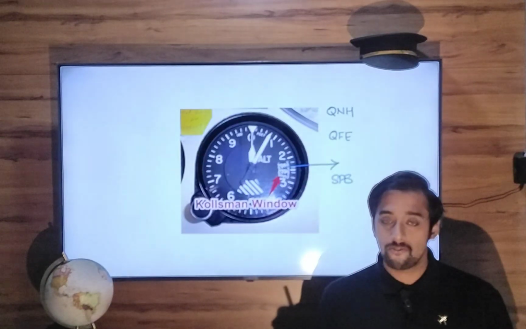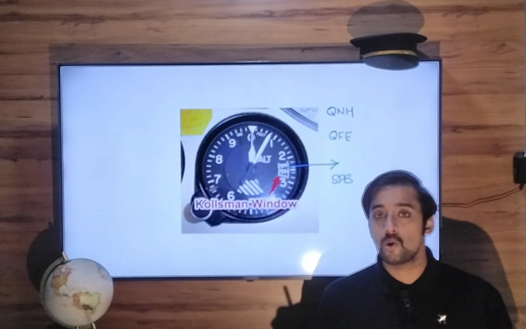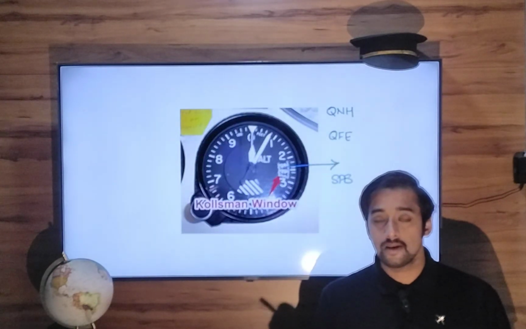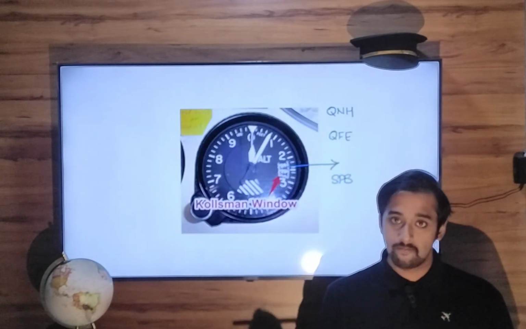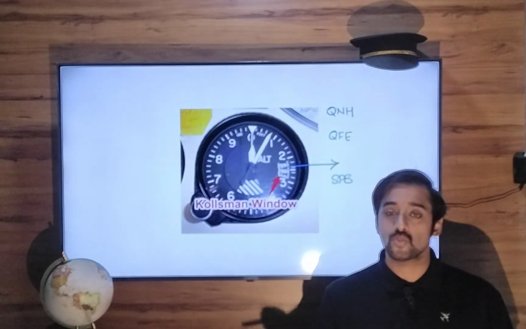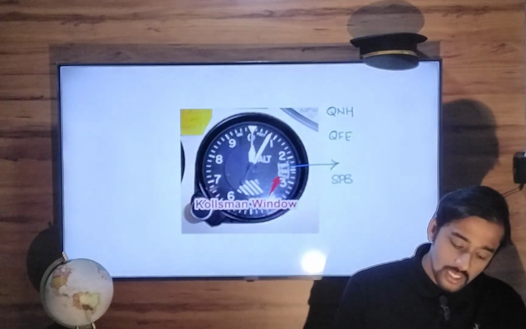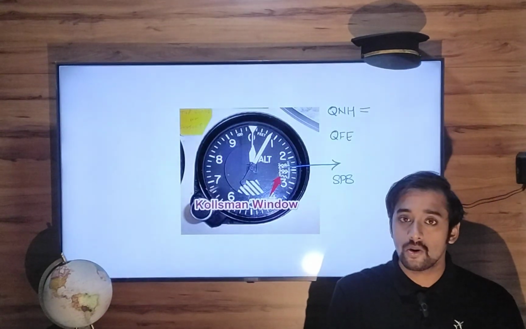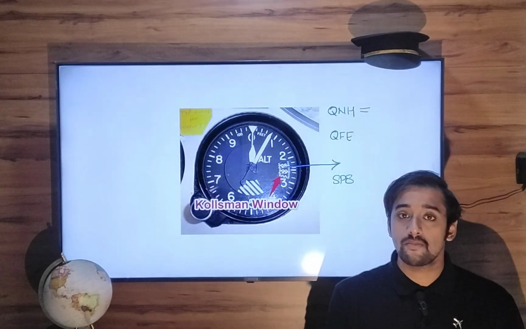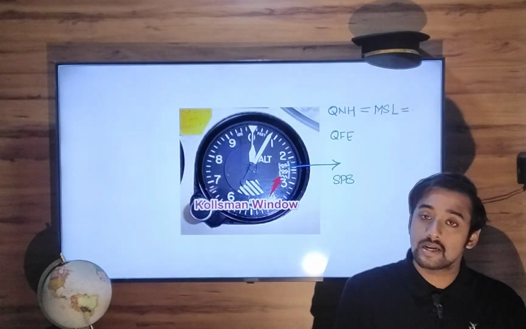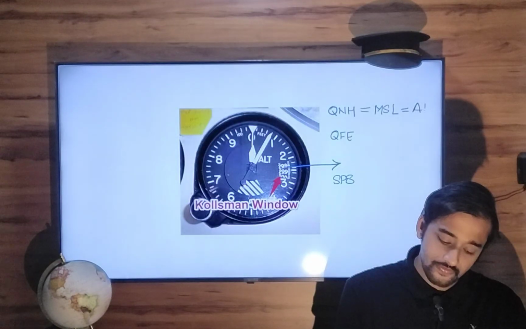Okay, and QFE at some airports, when you come down below transition altitude, you may be provided with a QFE pressure setting, which is the aerodrome pressure setting. So all your vertical distances will be measured from QFE pressure data. Now, when you use QNH in the altimeter setting window, the vertical distance will be measured from mean sea level, and you call that vertical distance altitude.